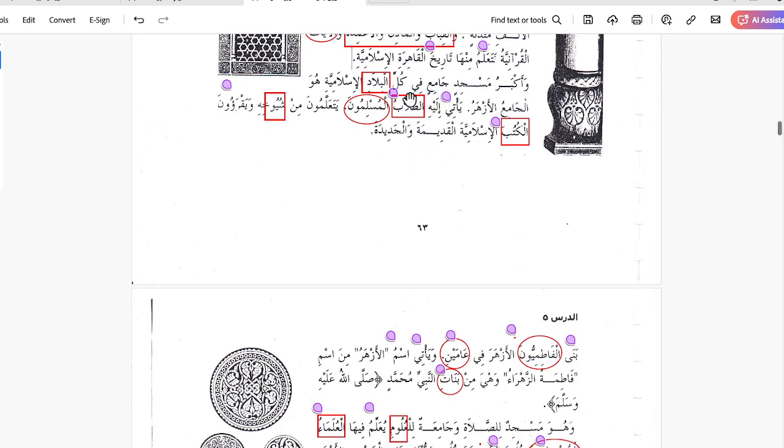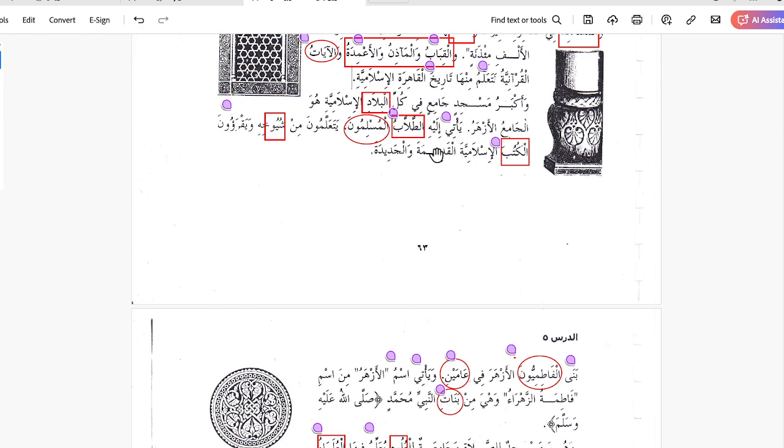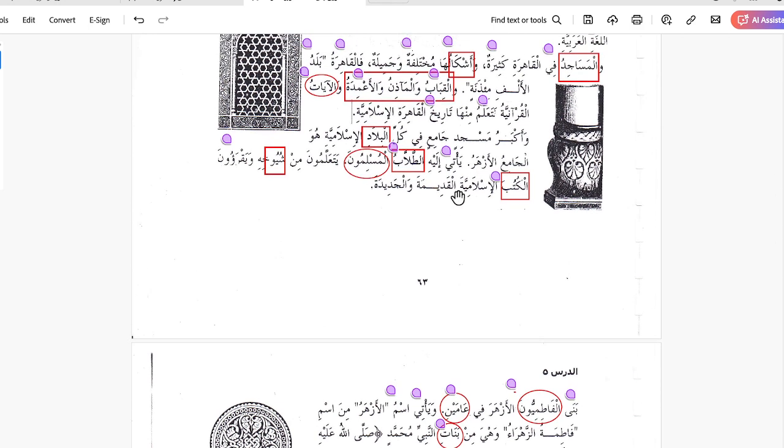Wa akbaru masjidin jami'in fi kulli baladin Islamiyyatin huwa al-Jami' al-Azhar. And the biggest mosque in all the Islamic countries is Jami' al-Azhar. Bilad is actually the broken plural for baladun. So these are the countries, and the singular is baladun, kulli biladin.